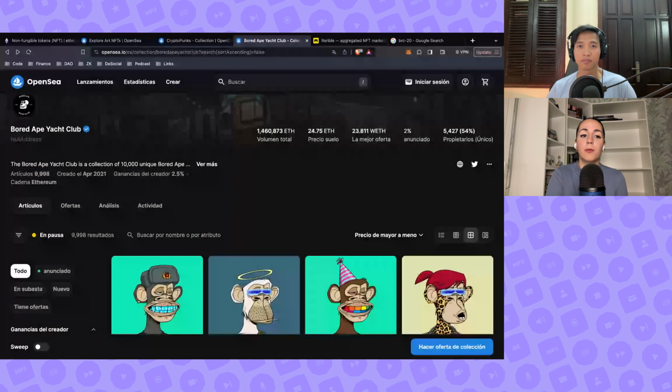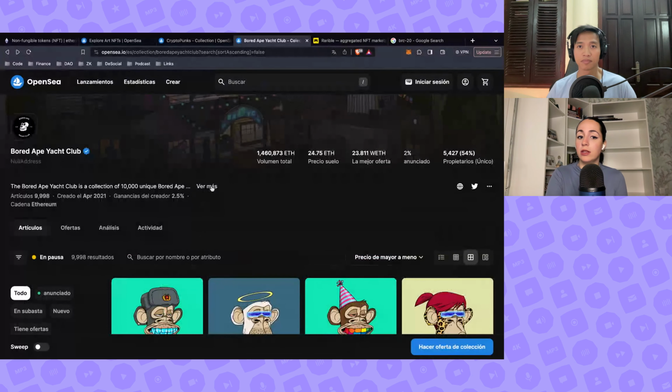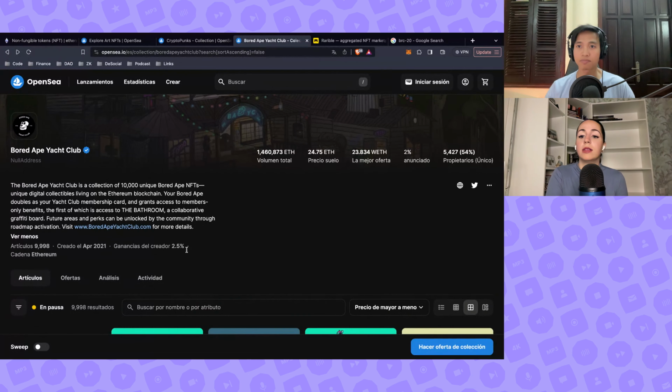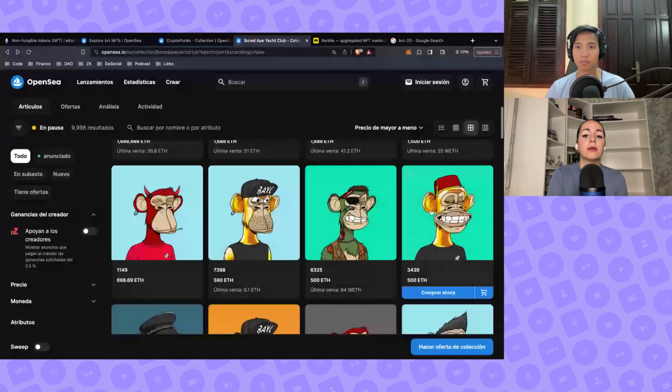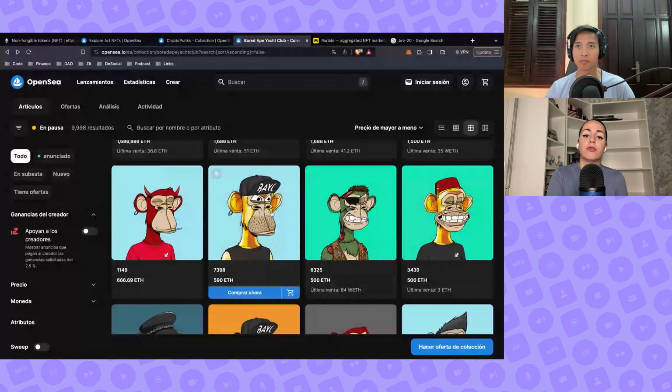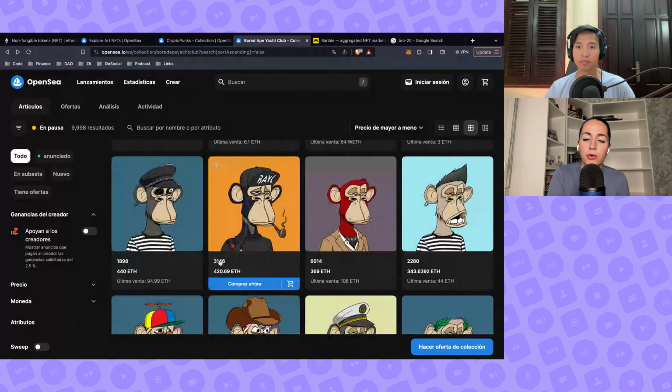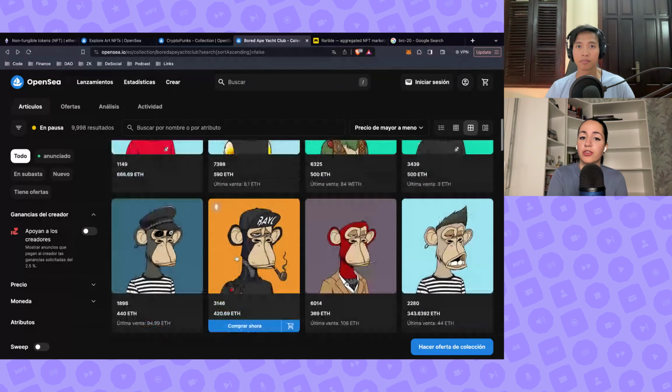The Bored Ape Yacht Club is a utility NFT that gives you membership in the Bored Ape Yacht Club. It's a community, and with the membership you can access real and online exclusive events. Here you can see the different qualities, accessories, and looks they have. That is what makes them different, as well as the number, which is the ID of the collection and the NFT.